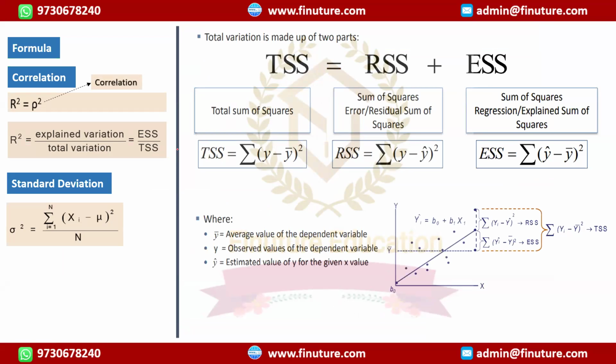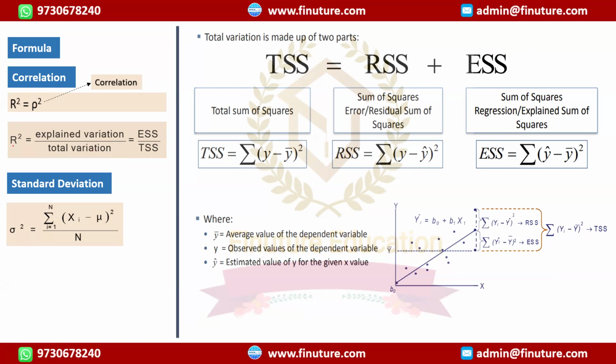Let's look at the formula, and this is kind of a context that I would like to give before we solve. So for correlation, if I compare this with a linear regression, your R square is the square of your correlation. This is the Greek letter rho. Rho square is equal to the R square that we usually talk about in linear regression.